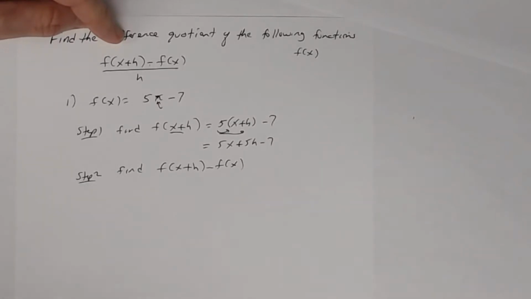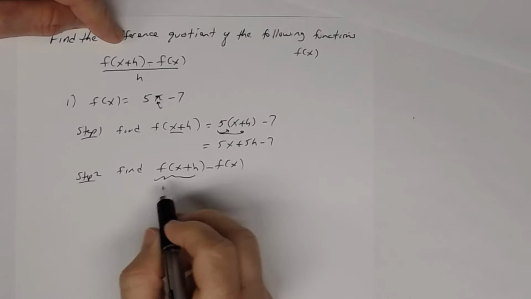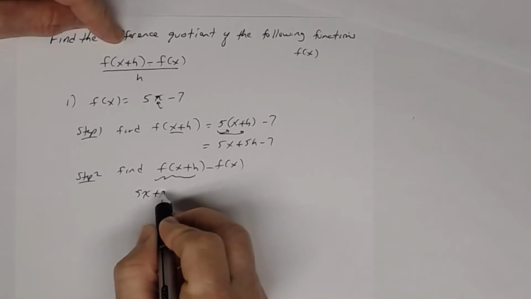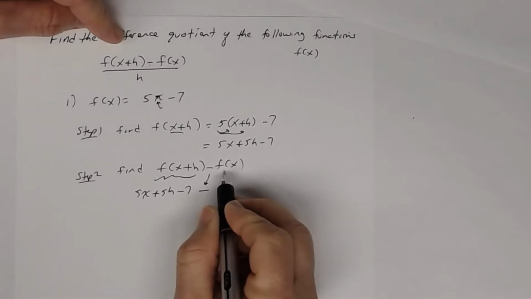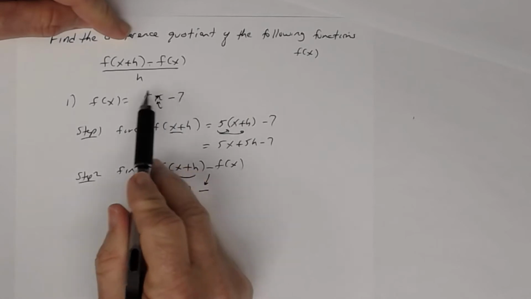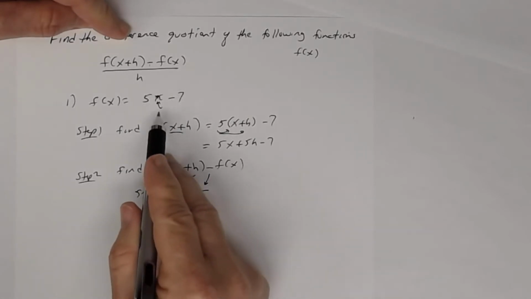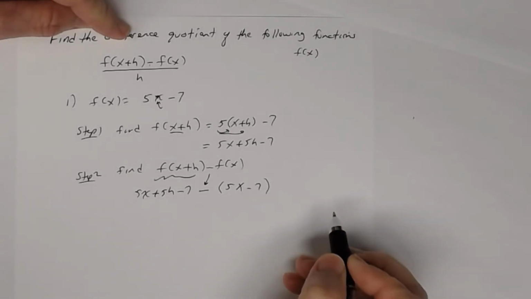I already found this part, that's step one. I'm going to rewrite this: 5x plus 5h minus 7, and then I'm going to subtract f of x. Now, it's very important you notice that f of x is more than one term, so you have to put that in parentheses.